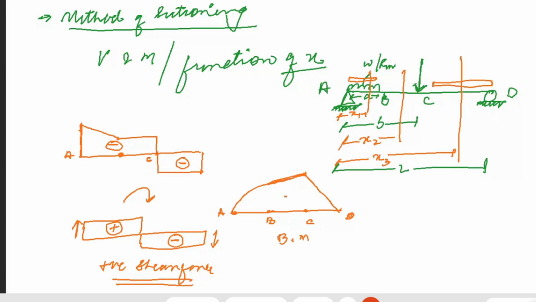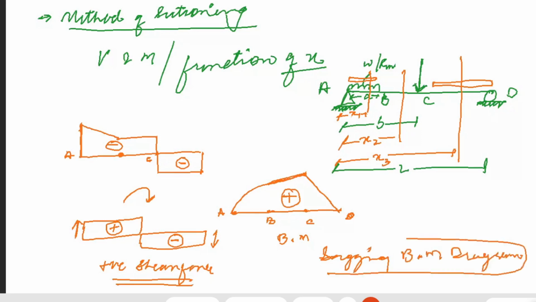Again, now you have made this positive. Why? Because this is a sagging bending moment diagram. No hogging is there. We don't have any hogging bending moment diagram.